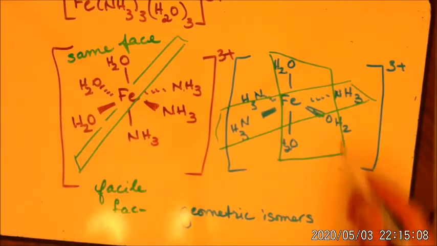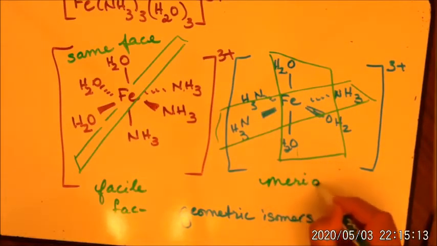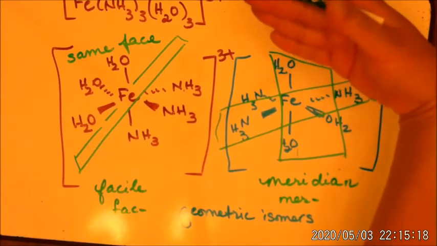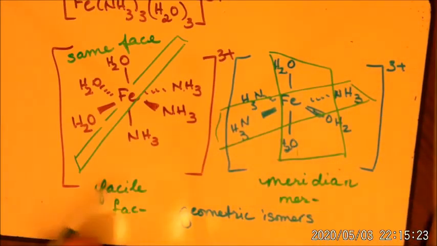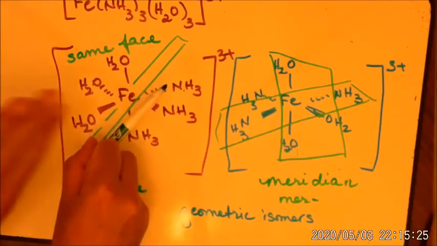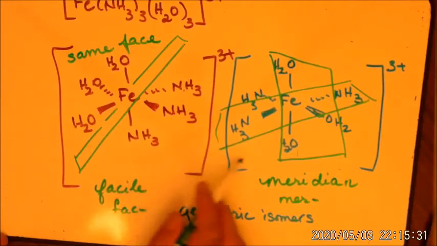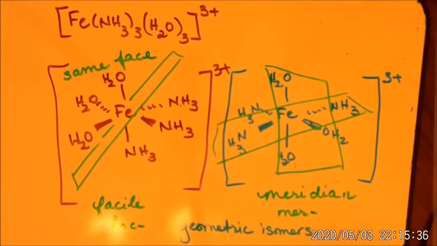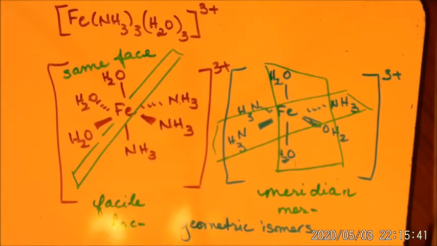So we call this meridional, or mer. They're on the same meridian. So these two are also geometric isomers. These are the types of geometric isomers that we actually encounter when we look at complex ions.